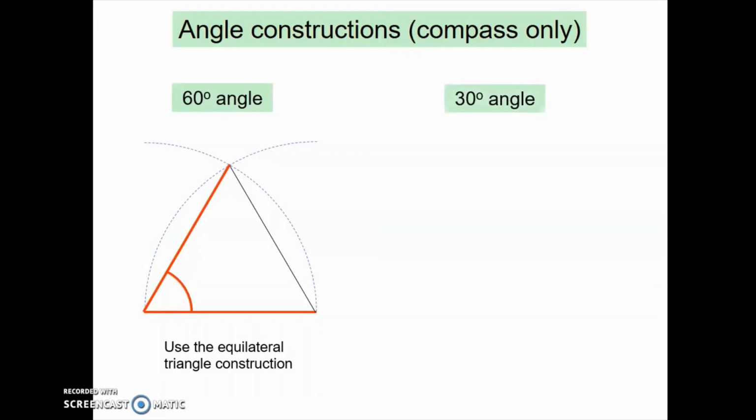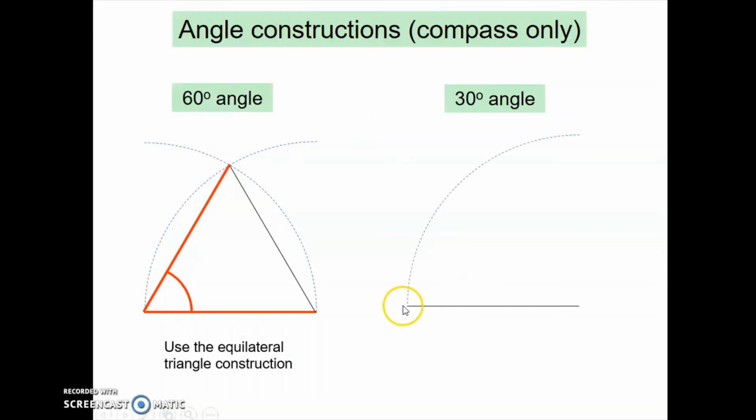If we wanted to work out a 30-degree angle, 30 degrees being exactly half of 60, how do you think we would go ahead and do that? You could pause the video at this point and have a go at it yourself, or you could work through it with me. To start with, I'm going to draw the base. I'm going to approach the question as if I was constructing an equilateral triangle.